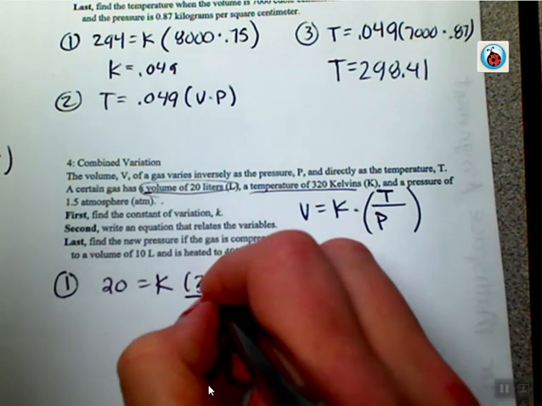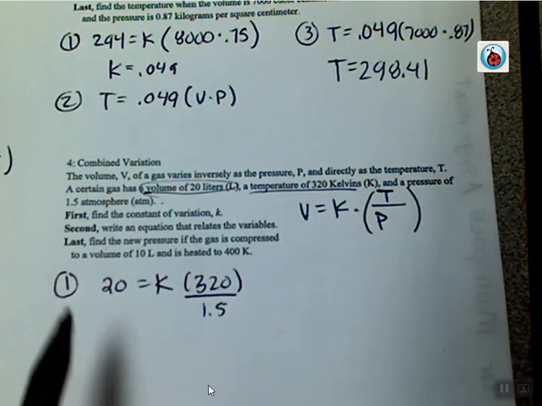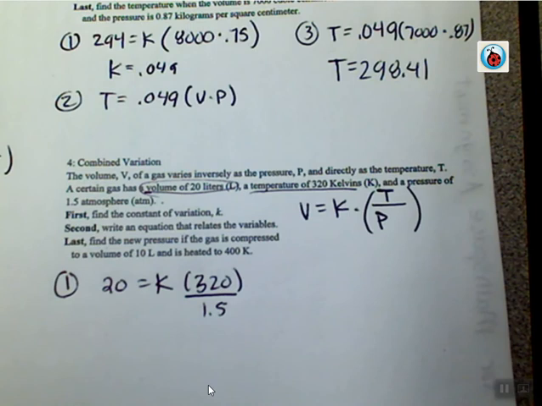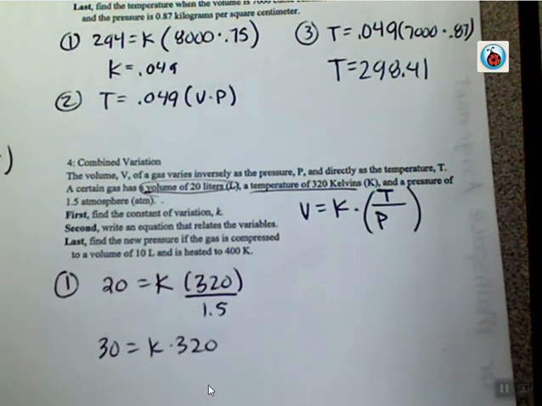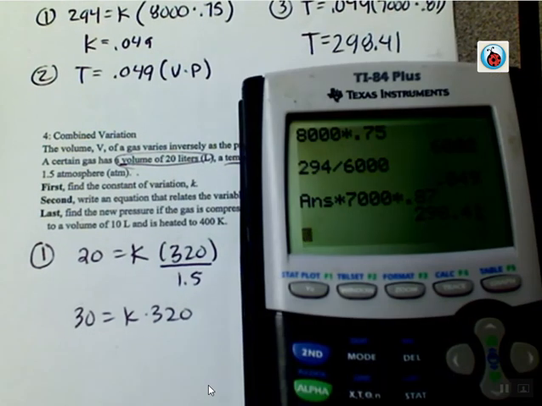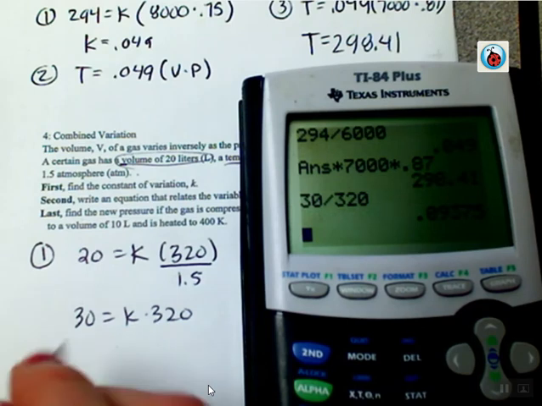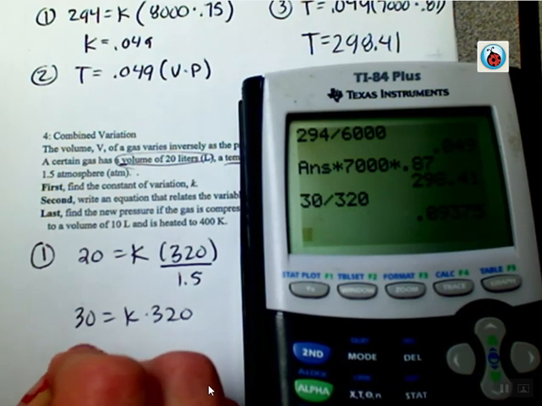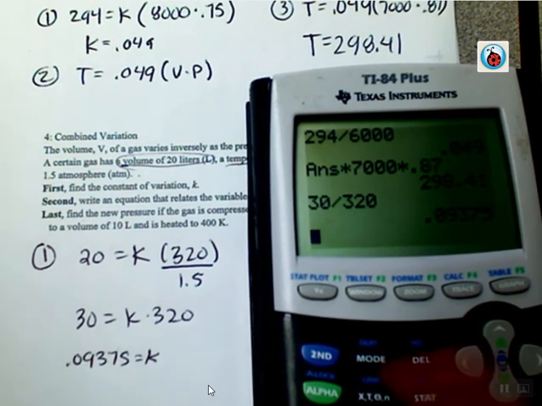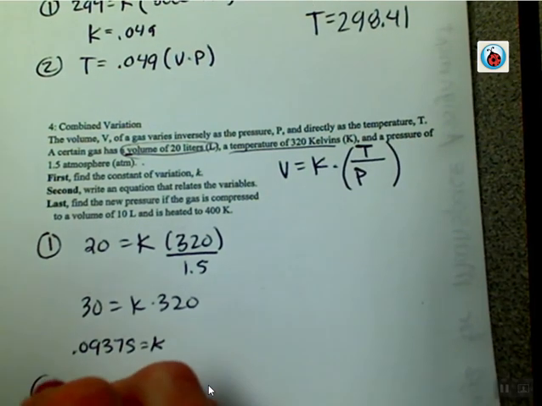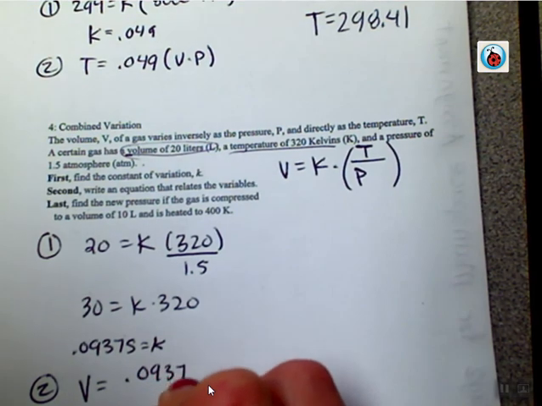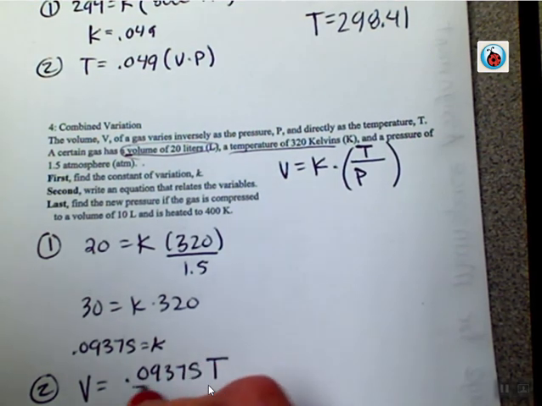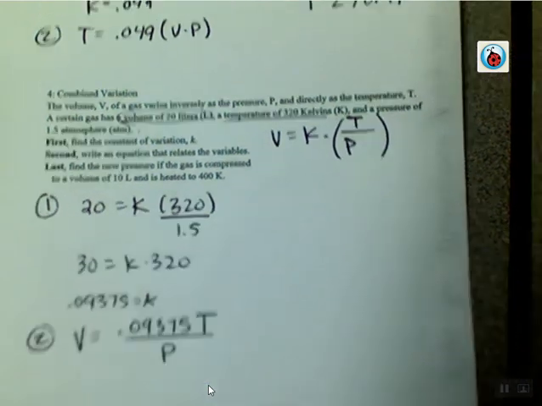Pressure is 1.5. So let's do 20 times 1.5. Okay, let's do 0.09375. Okay. Equation: 0.09375. And I'll just put the T here and the P.